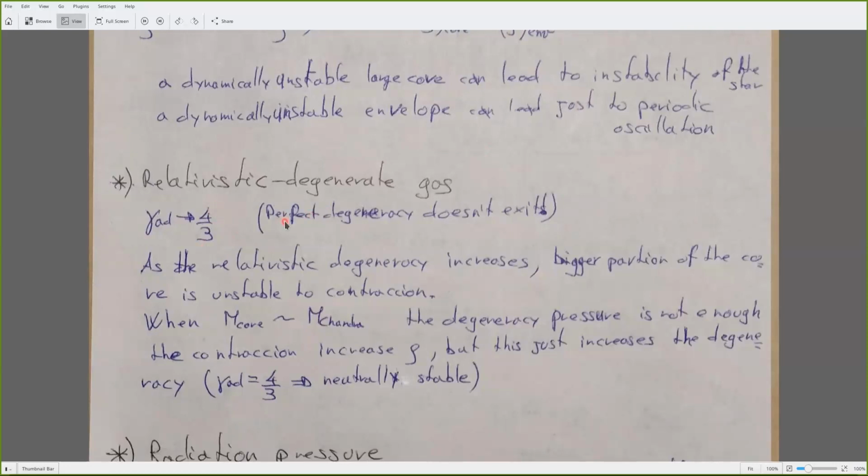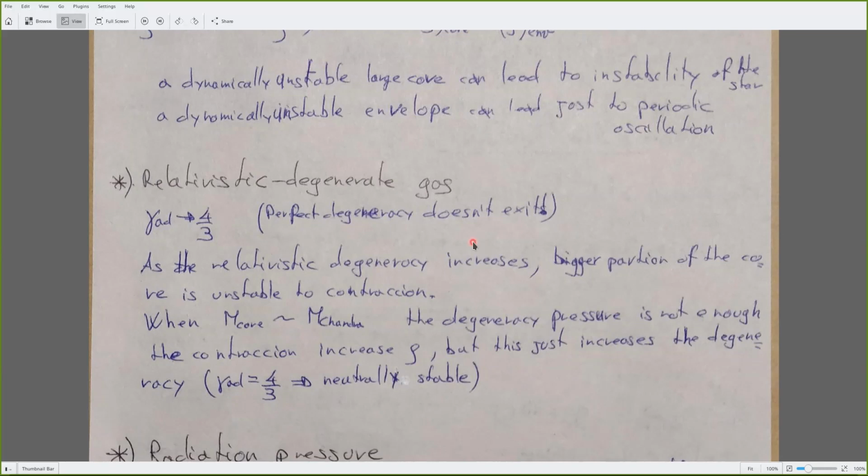Remember that perfect degeneracy doesn't exist. Mathematically it can exist, because you can go also to absolute zero, but in physics, in nature, you cannot have a completely perfectly degenerate core.